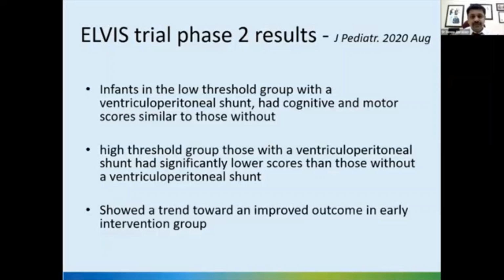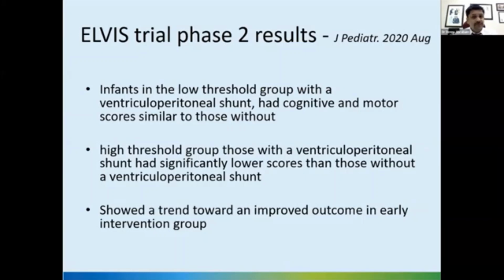So this is a pointer towards the improvement in neurological outcome. They couldn't statistically prove that the babies who had early intervention had a better outcome compared to the late intervention group.